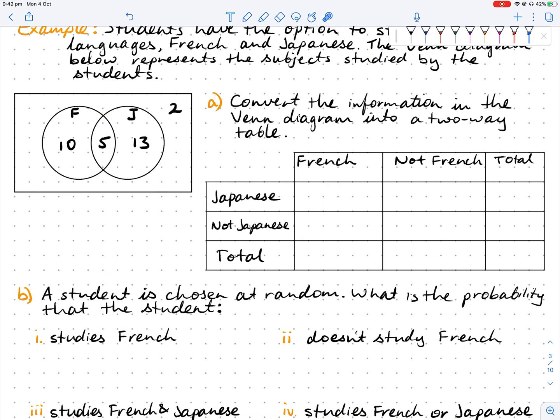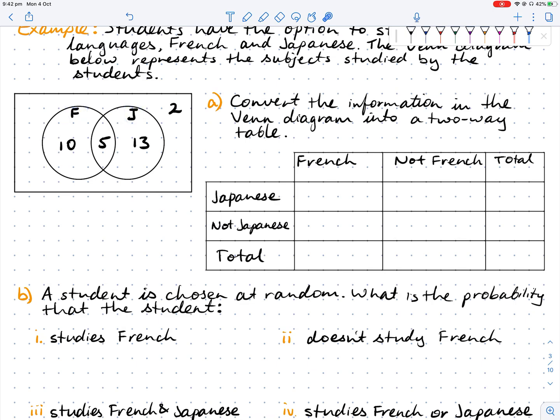These two methods are interchangeable. Sometimes it's easier to represent information in a Venn diagram, and it's easier to read that way. Sometimes it's easier to read in a two-way table. So it's really up to you how you want to represent your information, usually. If we're looking at a two-way table, we've got our two categories, French and Japanese.